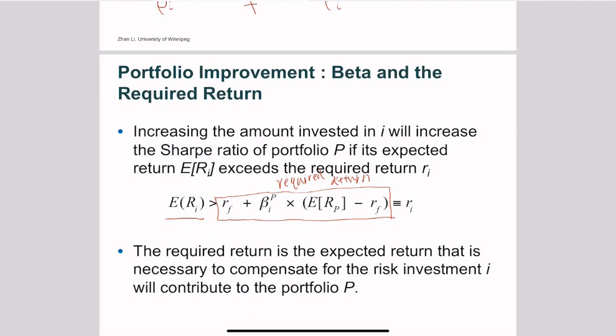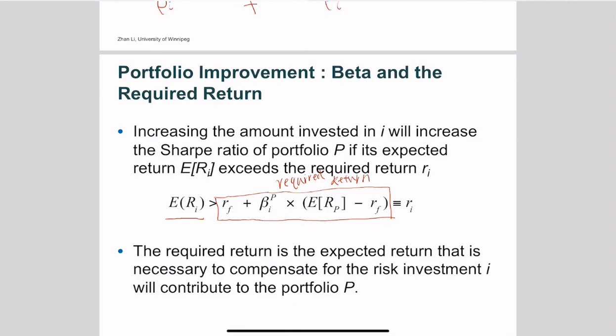So, a basic result of making a portfolio more efficient is like this. If investment I's expected return is larger than its required return, then increasing your investment in investment I will make your portfolio P more efficient.